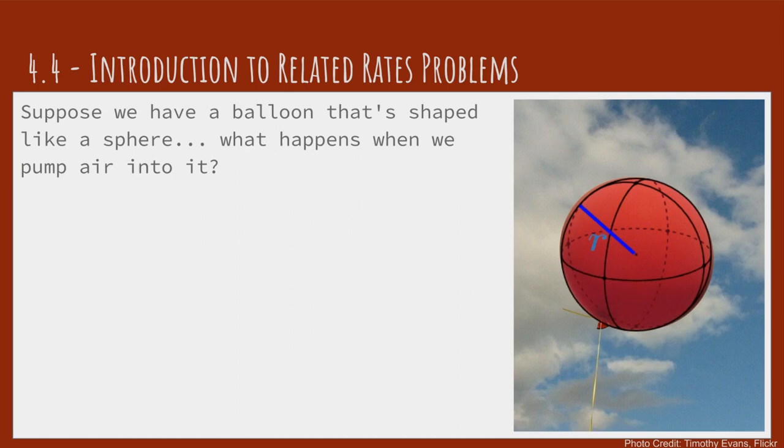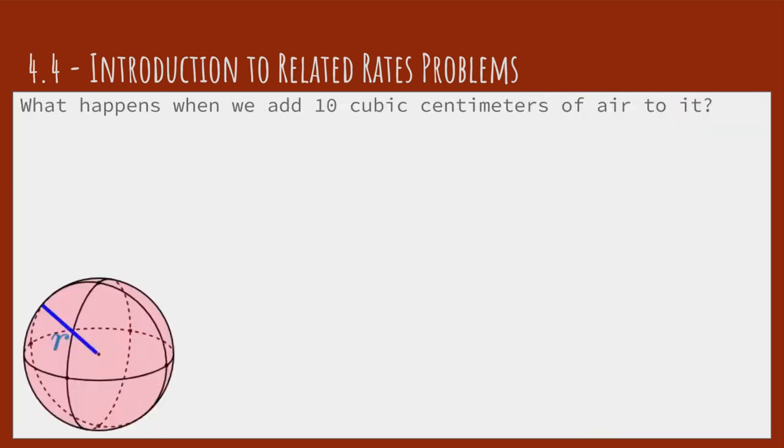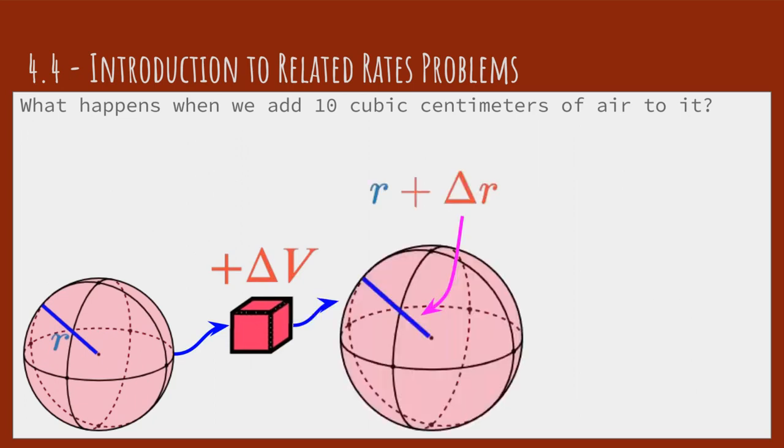So if we take this balloon, let's just look at it from a non-calculus, pre-calculus perspective, and talk about what happens if we just add 10 cubic centimeters of air to it. Again, when we add air, it's making the balloon get bigger because it's increasing the volume contained within that balloon. So we're adding volume, and by adding volume, it's also going to add to the radius.